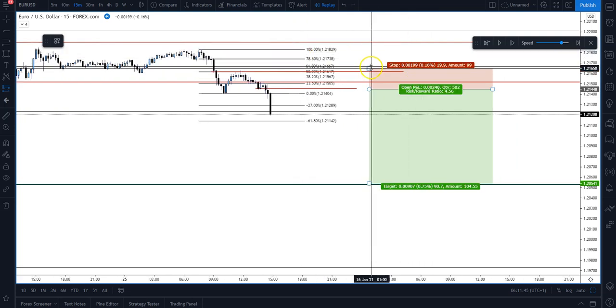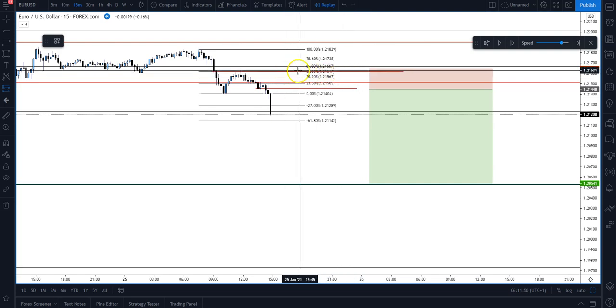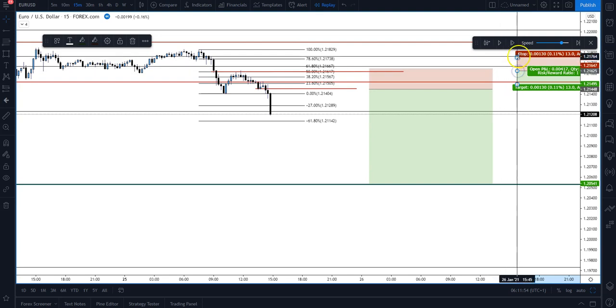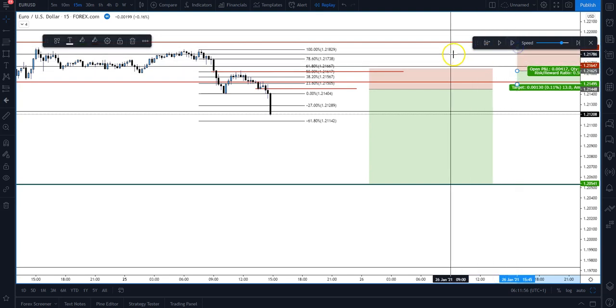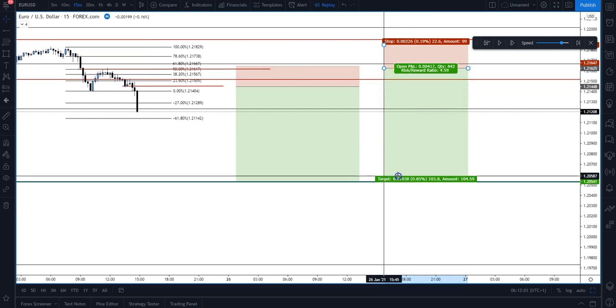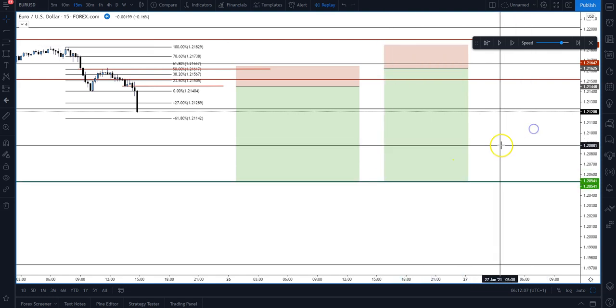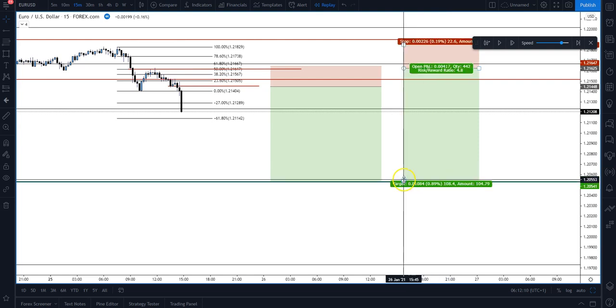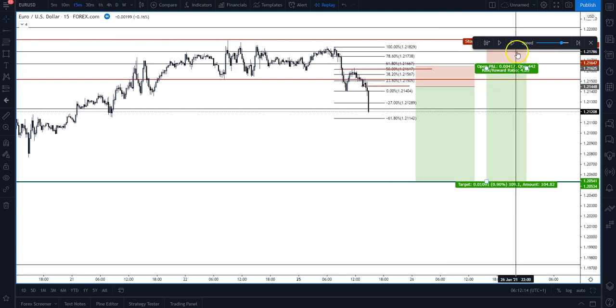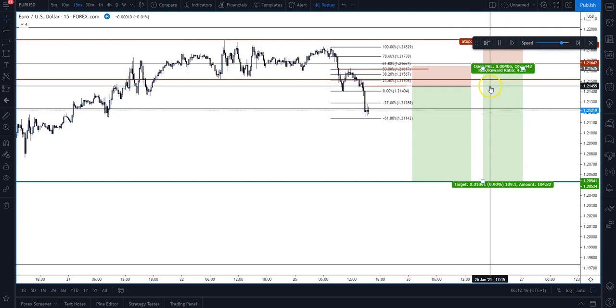But I'm gonna count this easier spot to view where the Fibonacci is at, so we can work with that one instead. 22 pip stop loss. Probably 109, 110 pips if it hit. So let's find out what goes on here.